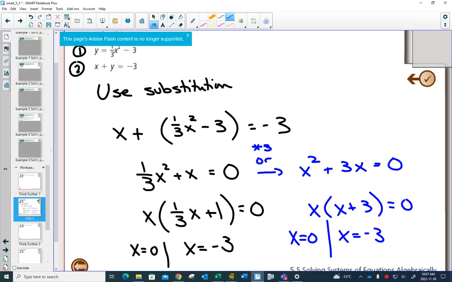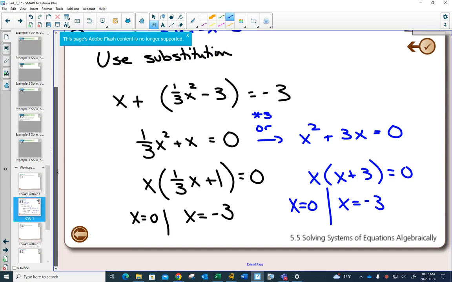But now that you have what x is, you just need to plug in the value and figure out y. Looking at those two equations, I think it's easier to plug into equation 2. Can you see that equation 2 you could rearrange by subtracting x on both sides? So you would get negative x minus 3. One solution is if you plug in 0.